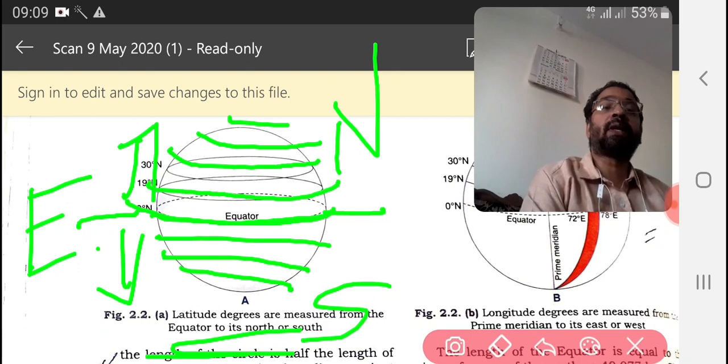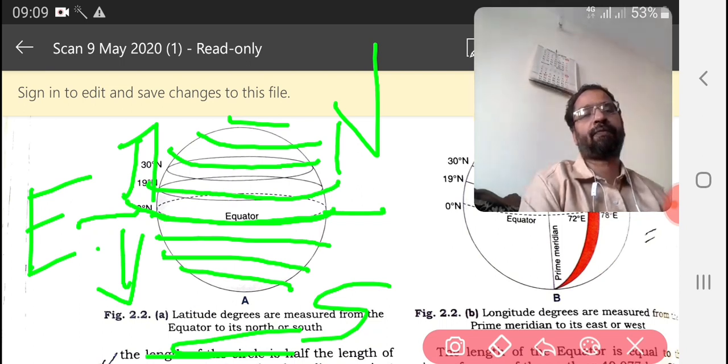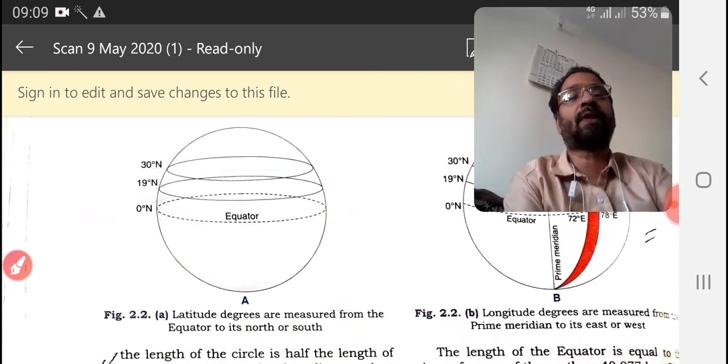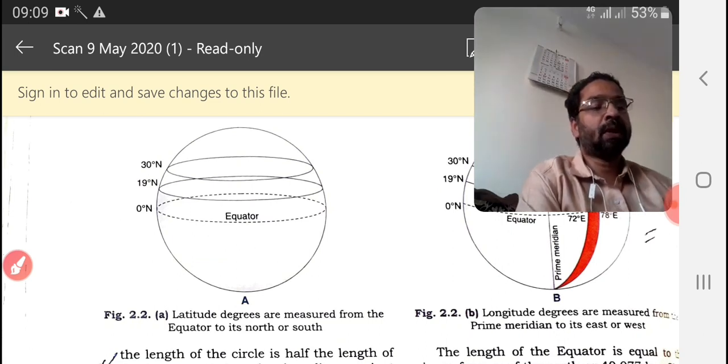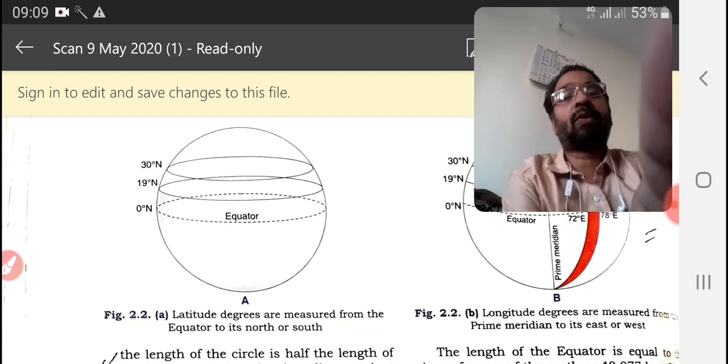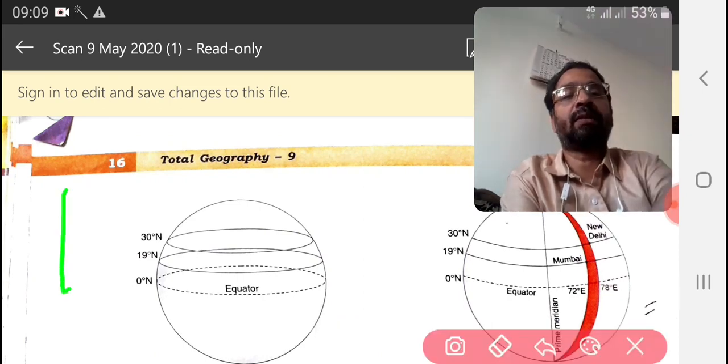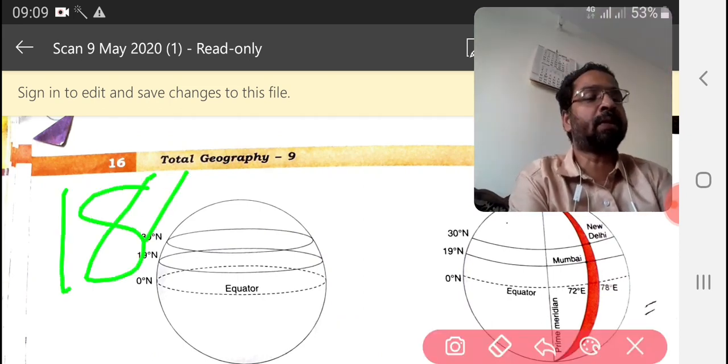What do you mean by hemisphere? Hemi means half, half sphere, half of the earth. Now, the total number is 181 parallels.